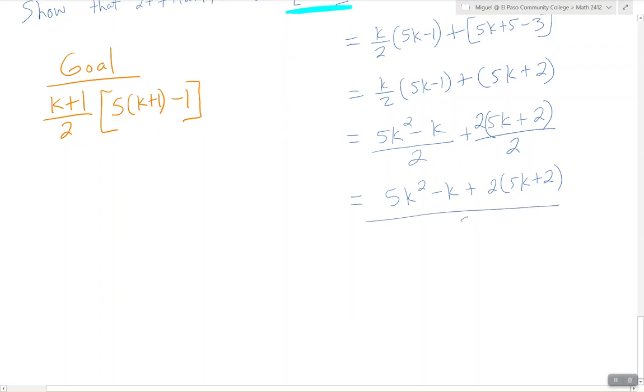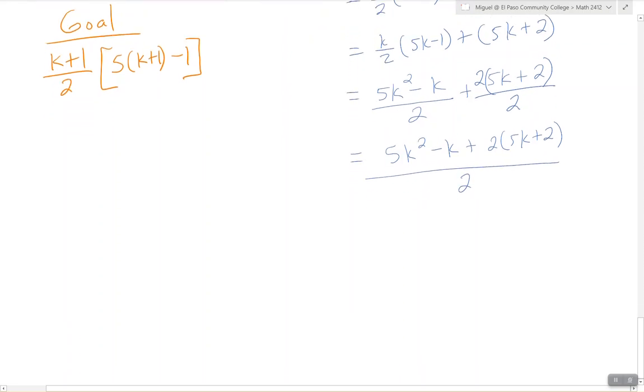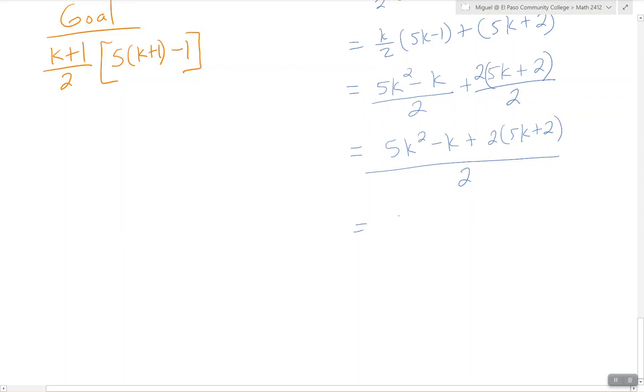This is all over 2 now. I get 5k squared minus k plus 10k plus 4 all over 2, which simplifies to 5k squared plus 9k plus 4. This is all over 2.